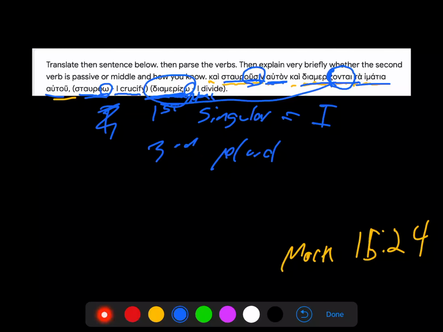But here the author has chosen to use the passive or middle endings, and the question is why? And the answer is because when they divided up their garments, Jesus's garments, they were dividing the garments among themselves. They were dividing them for themselves, right?